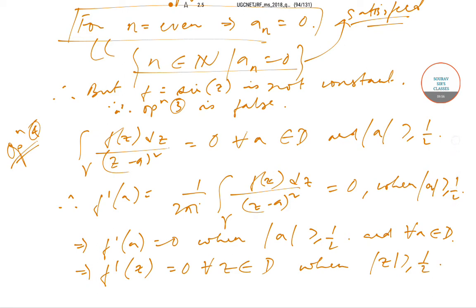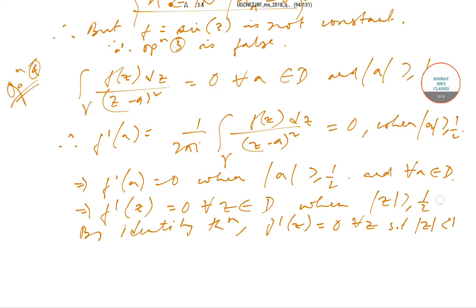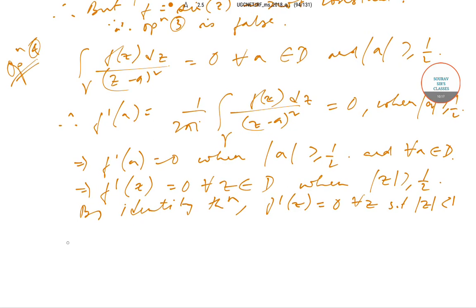Now by the identity theorem we know that f dash of z is equal to 0 for all z such that mod of z is less than 1. So that implies that f of z is constant.